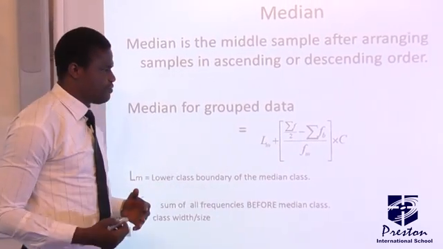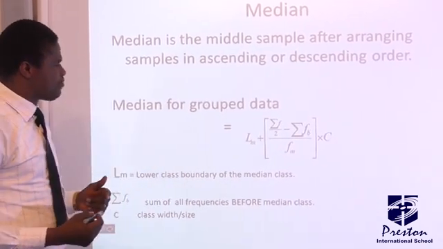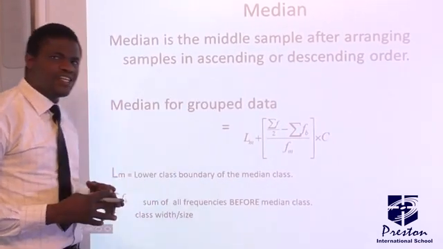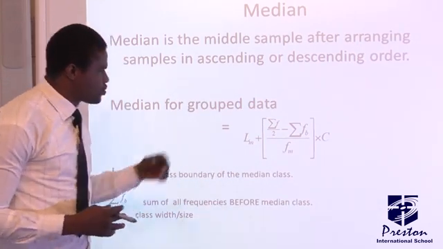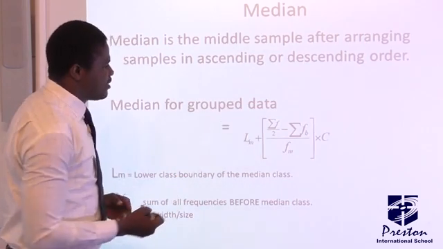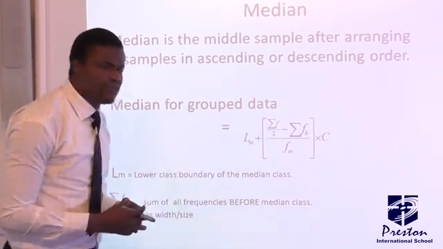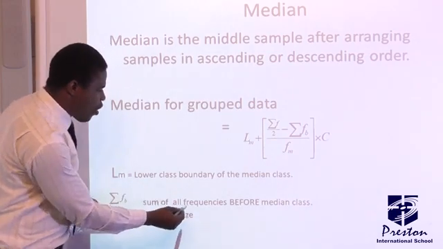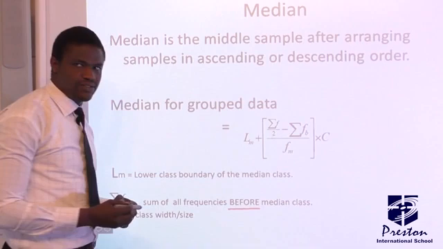Here is the formula. To calculate median for grouped data, we have the lower class boundary of the median class plus, in brackets, total frequency divided by 2 minus the sum of all frequencies before the median class.